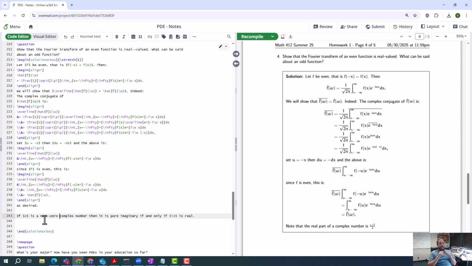If z is a non-zero complex number, then it is pure imaginary if and only if i times z is real. So let's think about this.